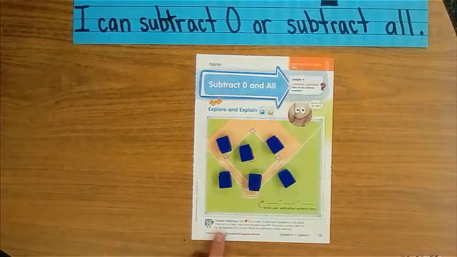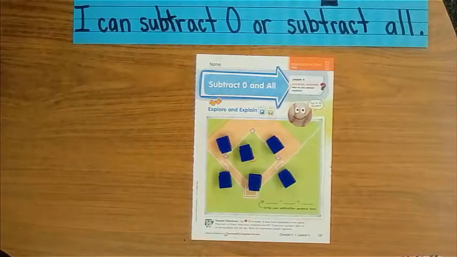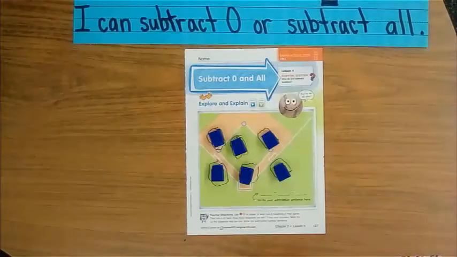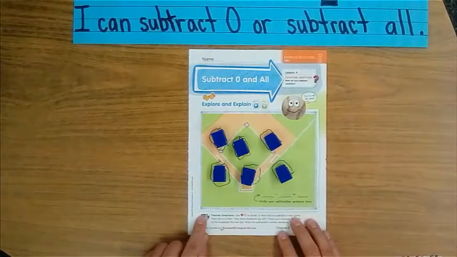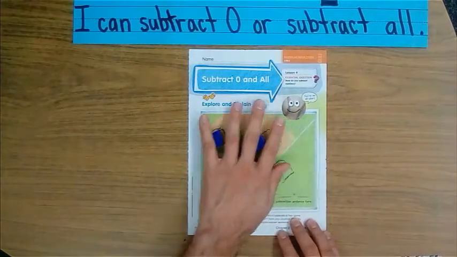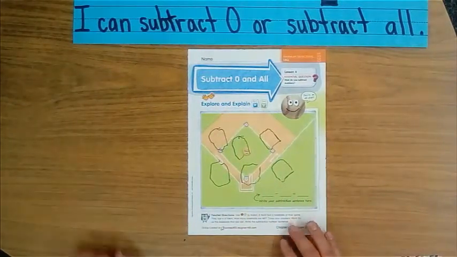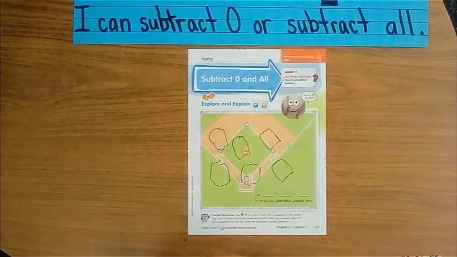And it says they lost 6 of them. So that means they lost 6 of their baseballs. How many baseballs are left? So if I had 6 baseballs, and I lose 6 of them, so they all get lost, how many baseballs are left?